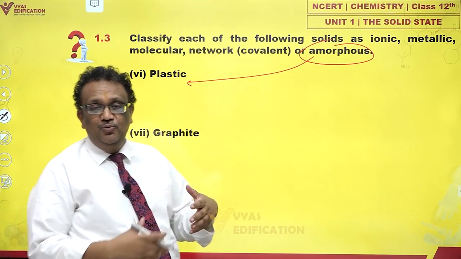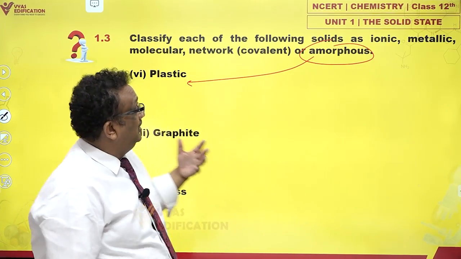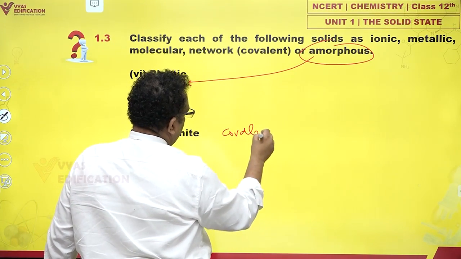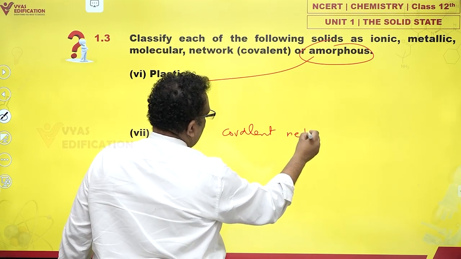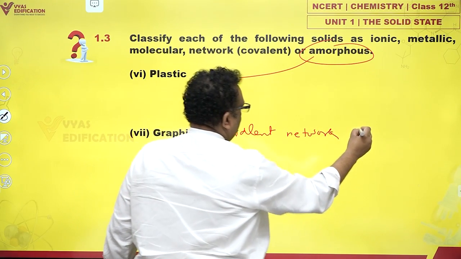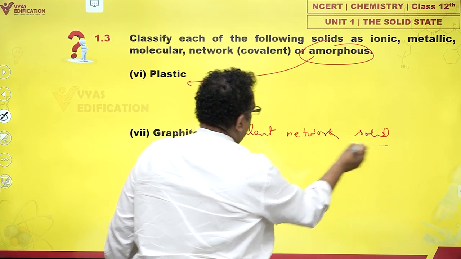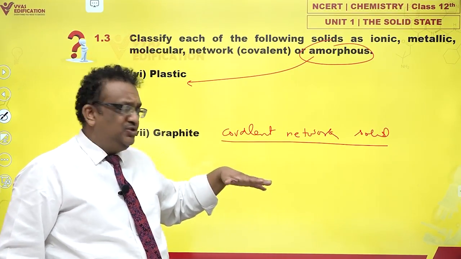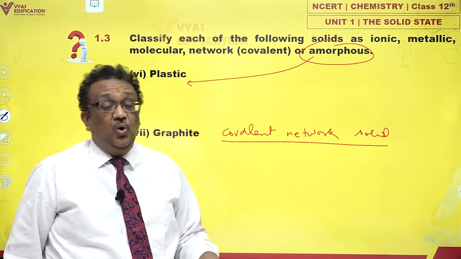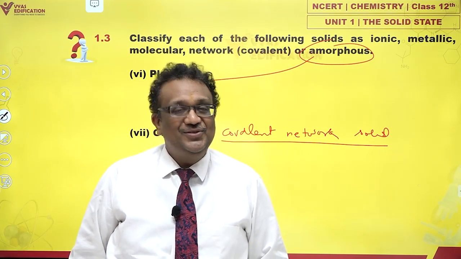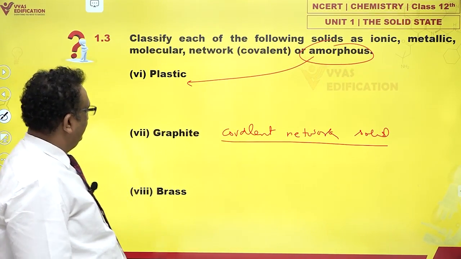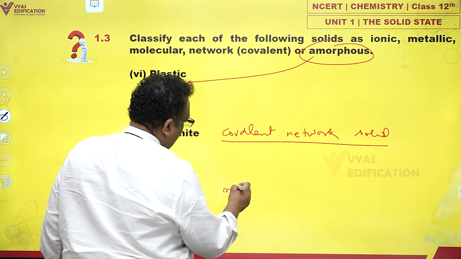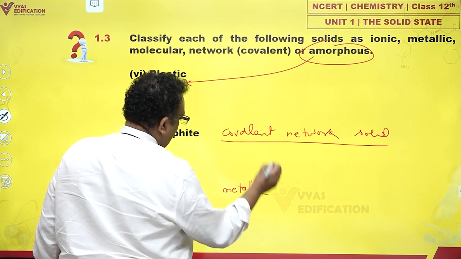Graphite. Graphite is a beautiful crystalline solid and it is a covalent network solid. It has an infinite structure, hexagonal sheet structure which is infinite and joined by covalent bonds. It is a covalent network solid. Brass is a metal, it's an alloy, so it is a metallic solid.